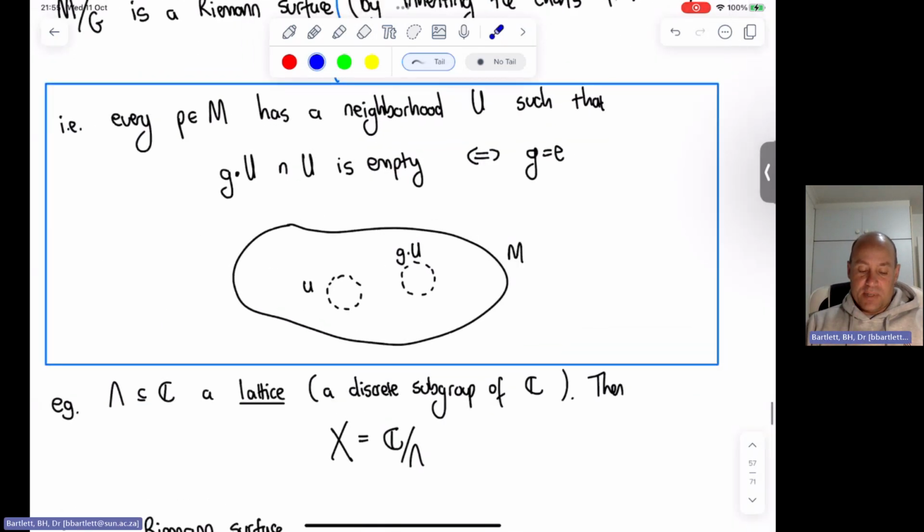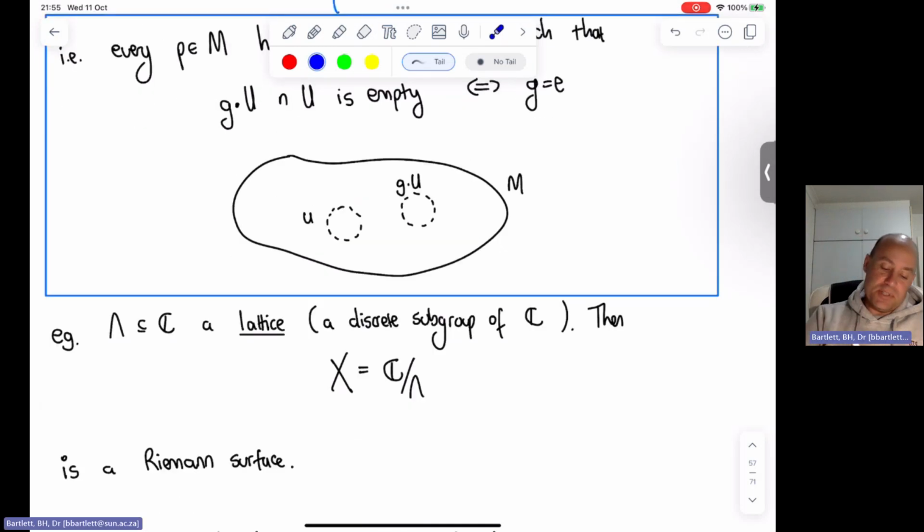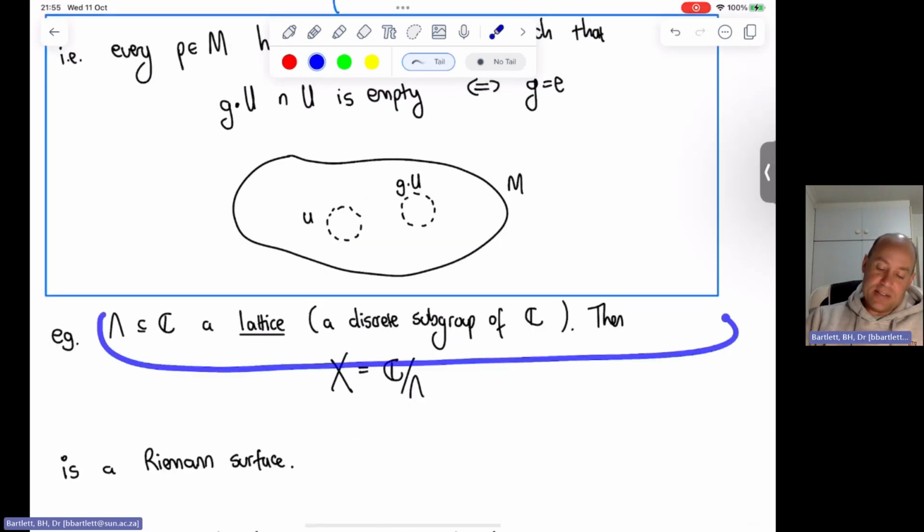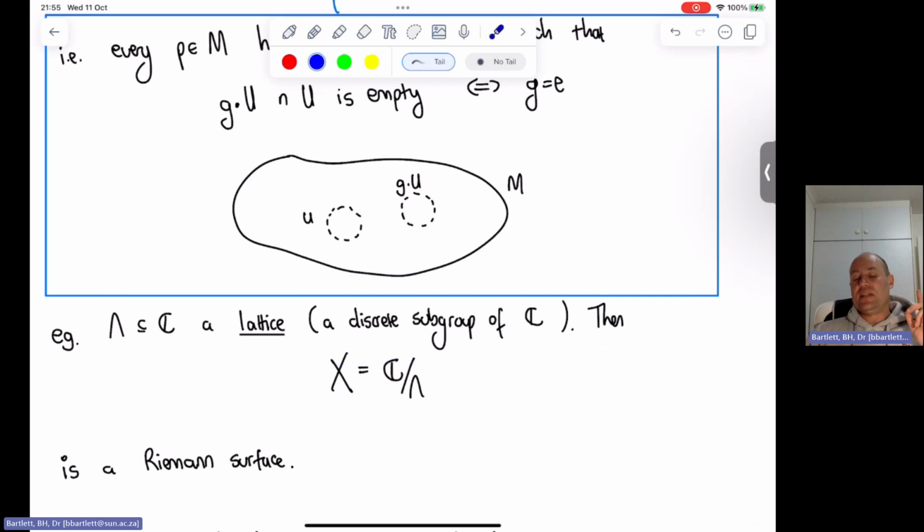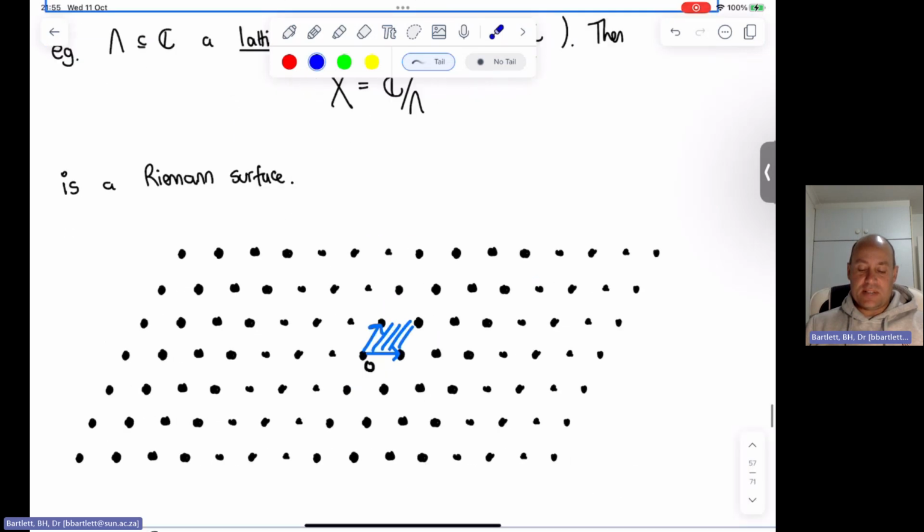Okay, so for example, suppose you have a lattice inside the complex numbers. What is a lattice? It's a discrete subgroup of the complex numbers, thought of as an abelian group. Then the quotient space is going to be a Riemann surface. So here's the complex numbers, and here's a lattice inside the complex numbers, all these dots. That's a discrete subgroup.